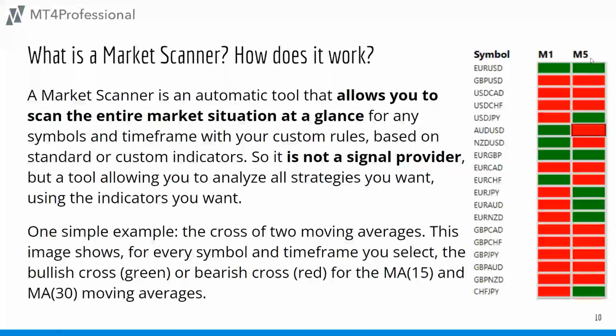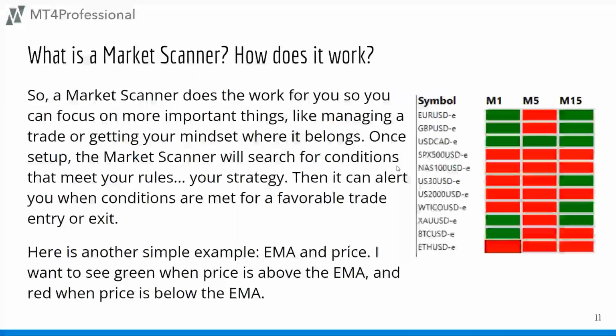So there's a lot of valuable information that you can glean very quickly from a scanner, that can give you this type of reliable information about continuation trades, about trade reversals, about switches, and so forth. This is really good information to get in front of a trade. Another example is an EMA and price.